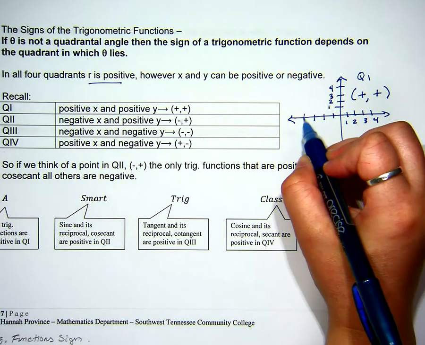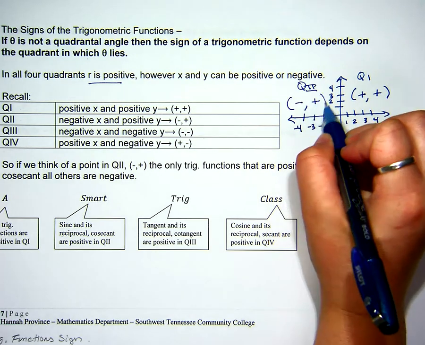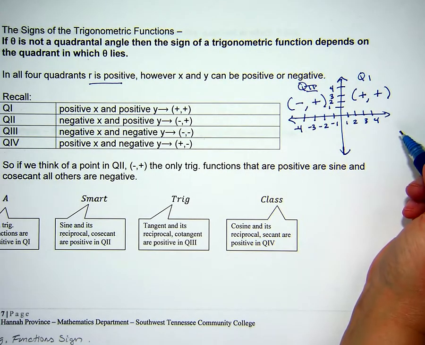These here are negative x's. These are positive y's. So in quadrant 2, I have negative x's and positive y's.